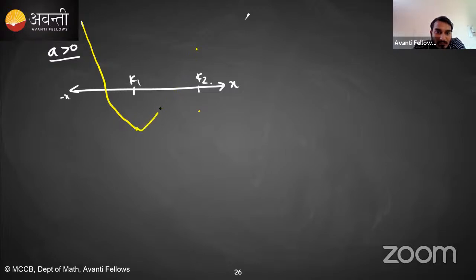So when you do this, now here both roots are not, right? Can you see your alpha and beta?